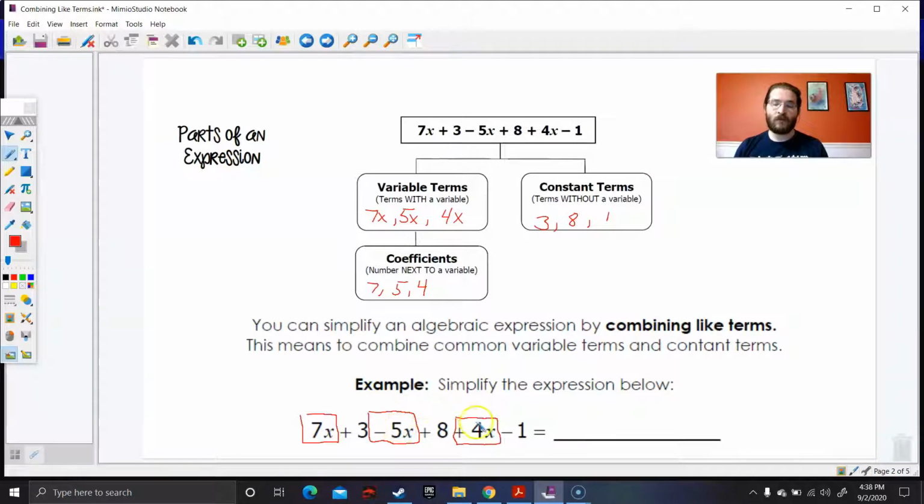And then 2 plus 4, we get 6. That's for our coefficient. And then we just carry over our variable. All right? And then I tend to underline the next parts. So we have 3 plus 8. We get 11. 11 minus 1 is 10. So plus 10. And it's plus because it's a positive thing.